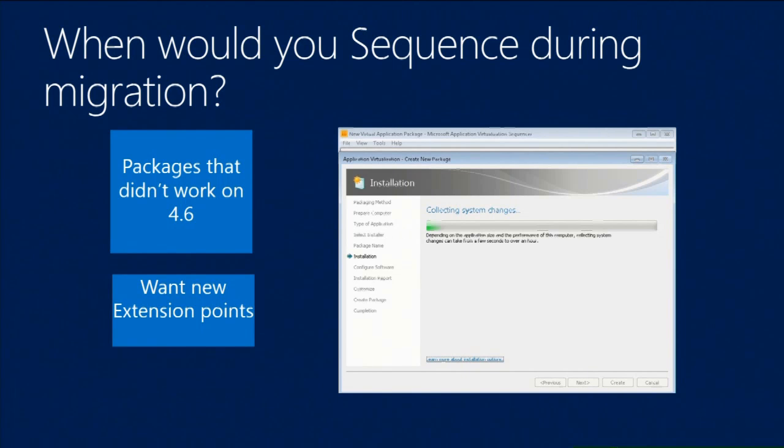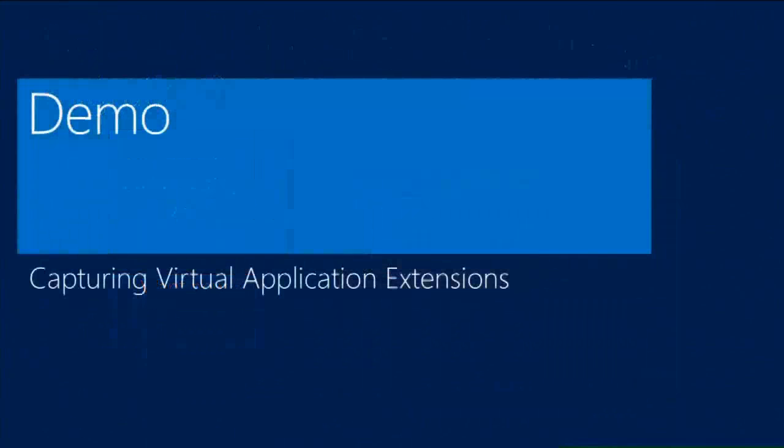The package may have the capabilities, but since they didn't work in 4.6, they're not going to be exposed in 5.0. So you can either resequence the package, or you can convert it and then just open up the package for upgrade and save it, and that will actually detect and save the extension points correctly.